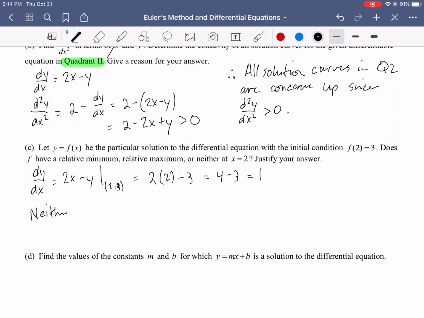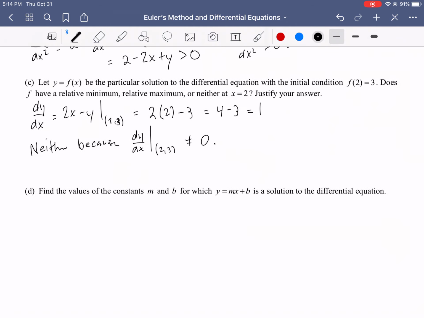It can't be a max or a min because dy over dx, the derivative at 2, 3, does not equal 0. Okay, so if you're not a critical point, you can't be a max or a min. So when we plug into the first derivative and we get anything other than 0, we know that it can't be a max or a min, so it has to be neither.